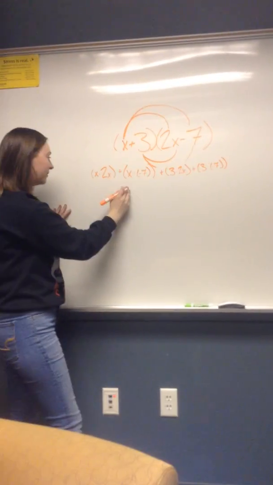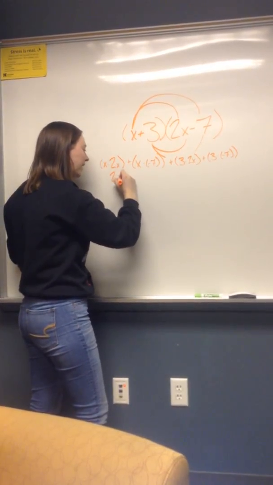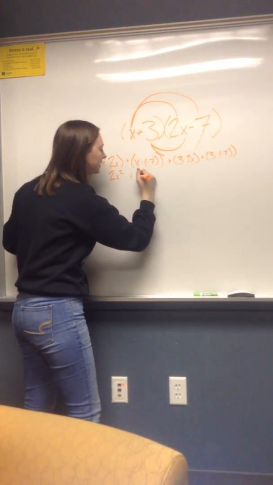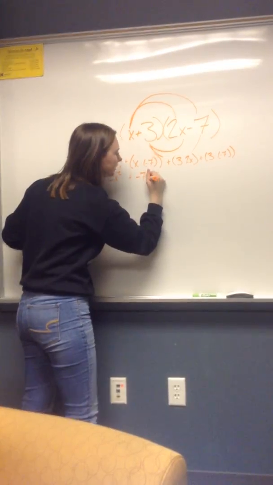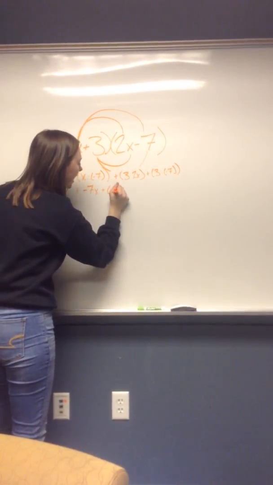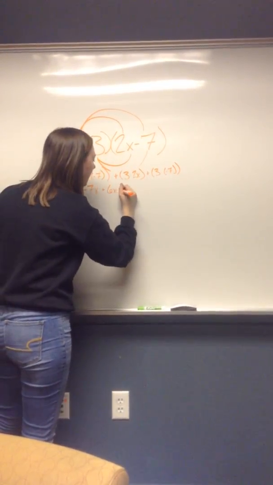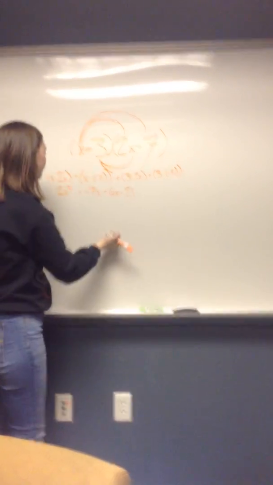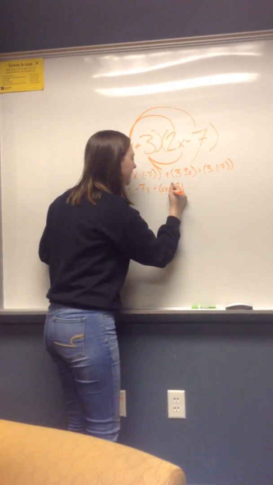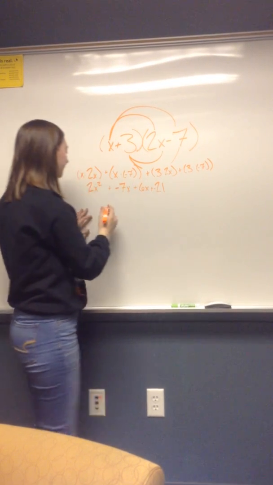So now we're just going to simplify that. So this turns to 2x squared plus negative 7x plus 6x minus 21. Or we could say plus negative 21.